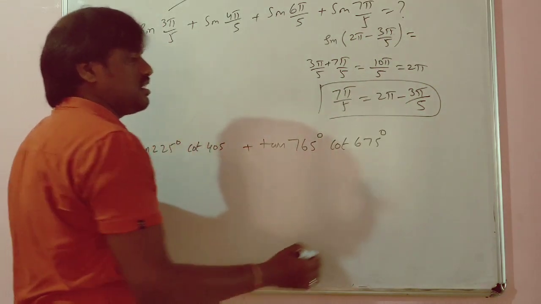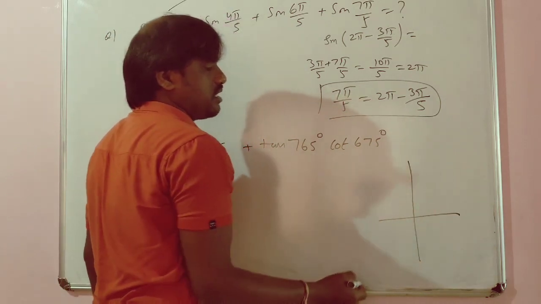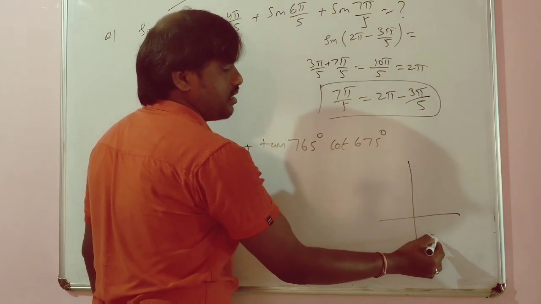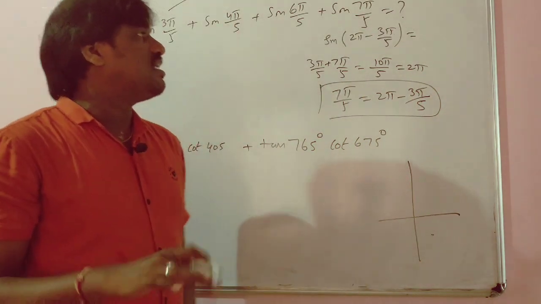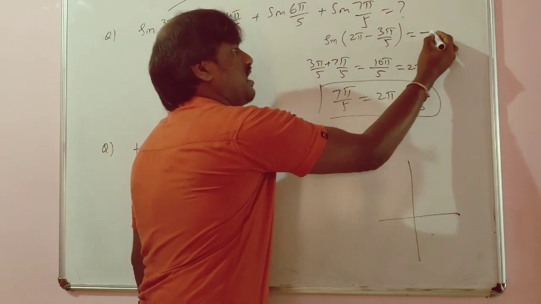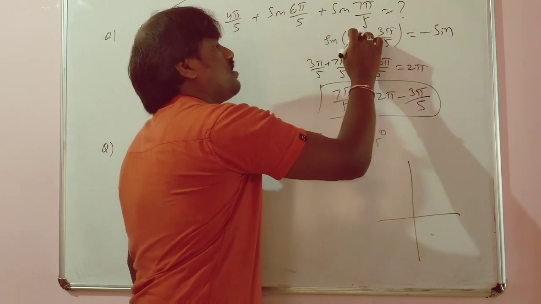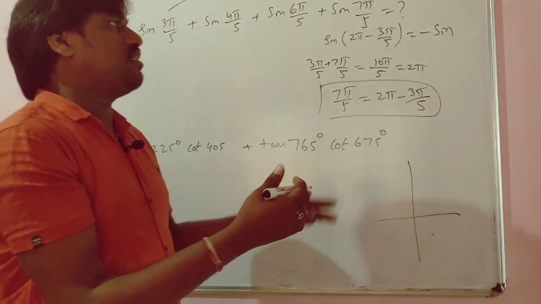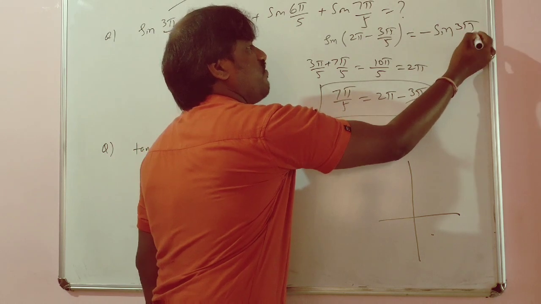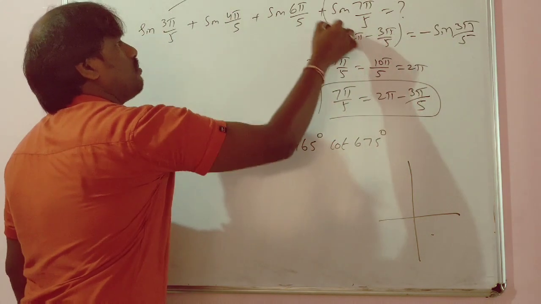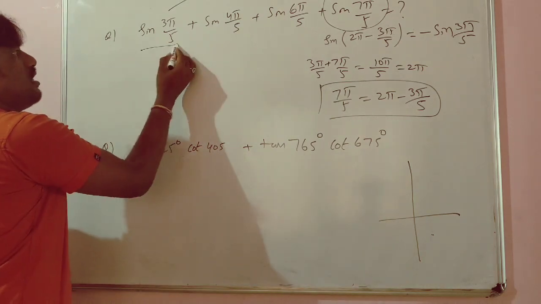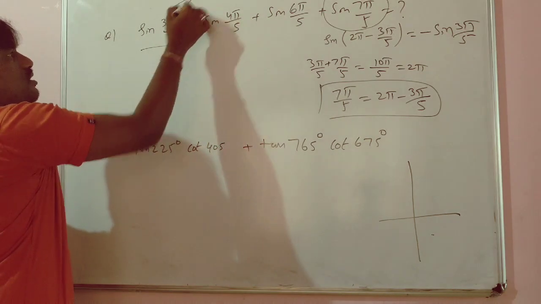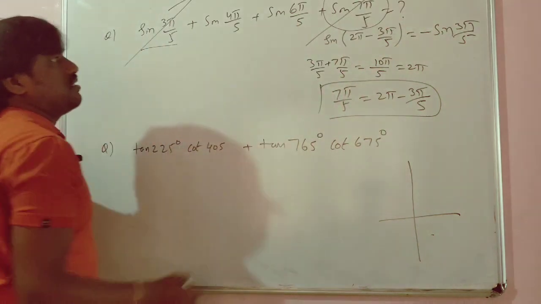So sine of 360 minus theta is in the fourth quadrant, where sine is negative, so I will get minus of sine, and since this is 360, no change: minus of sine 3 pi by 5. So with the plus sine 3 pi by 5, this is going to cancel.